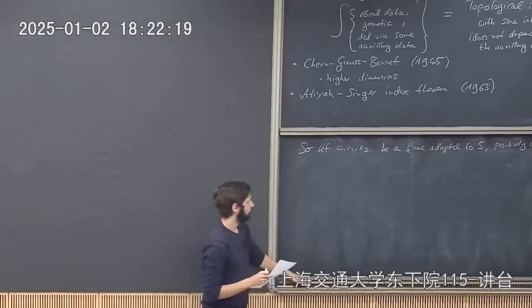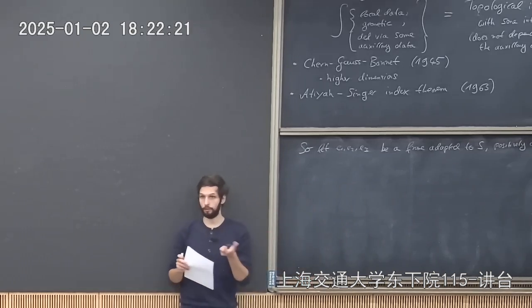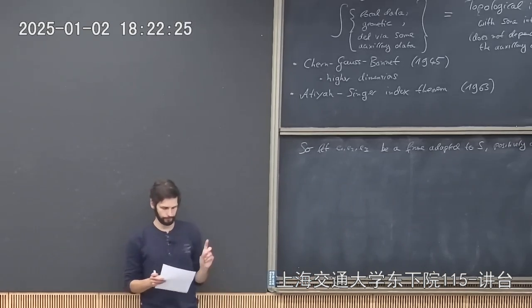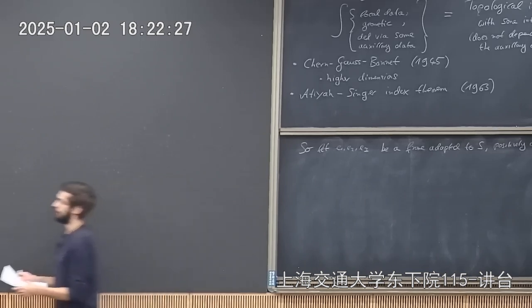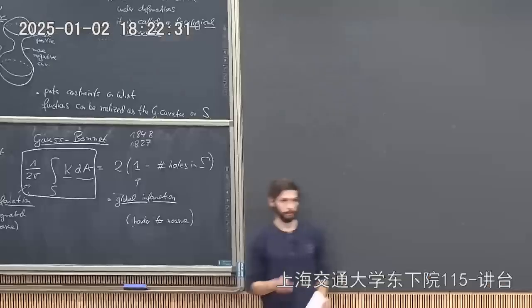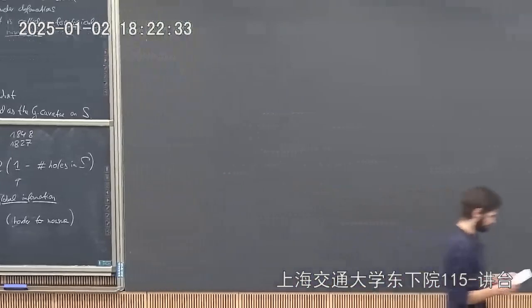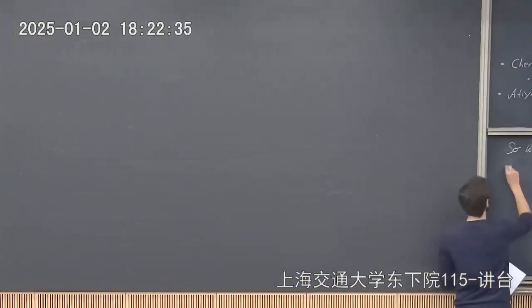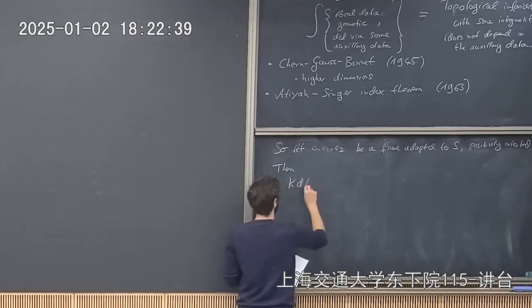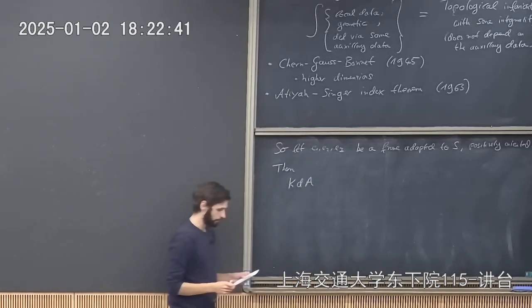So that plays nicely with the orientation that comes from the area form, the area element. And then what we had last time, well, at some point, we know that we can write this kind of expression.